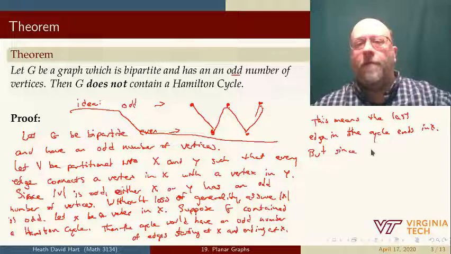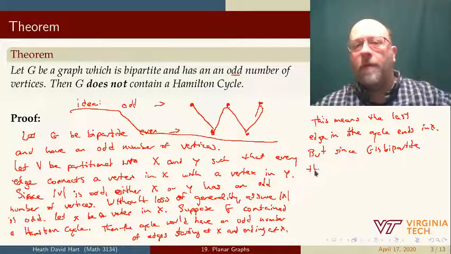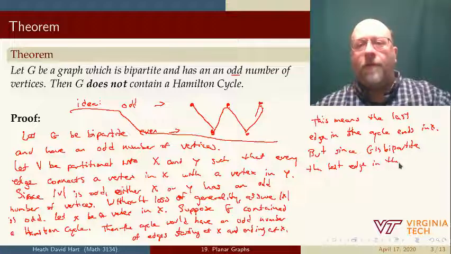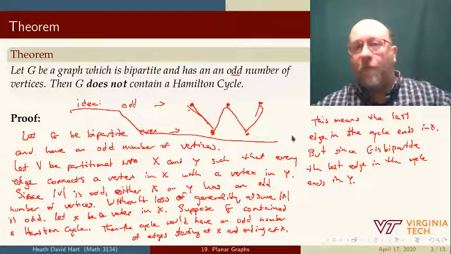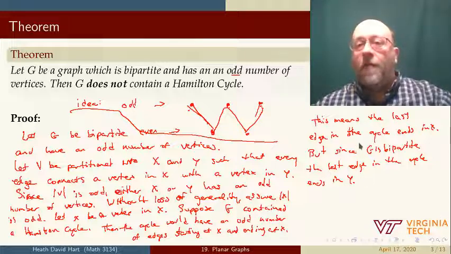But since G is bipartite, edges have to alternate between going from X to Y and then going back to X. The last edge in the cycle ends in Y, because there would be an odd numbered edge, and the odd edges, 1, 2, 3, 4, 5, 6, 7, odd number of edges down here end in Y. So we have a contradiction.